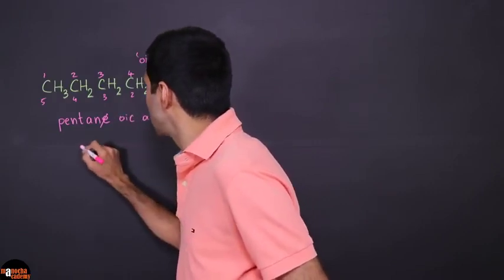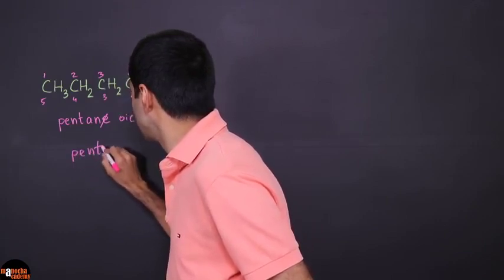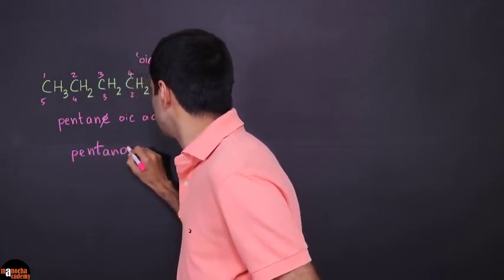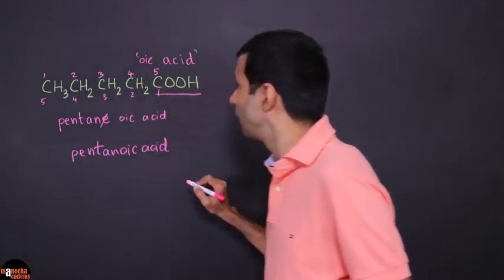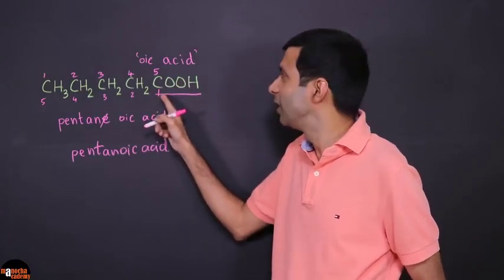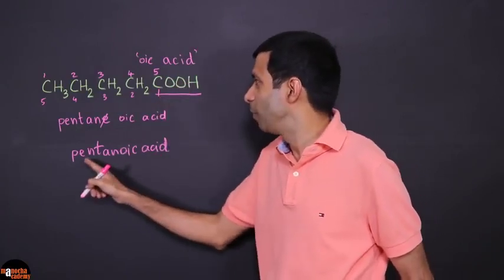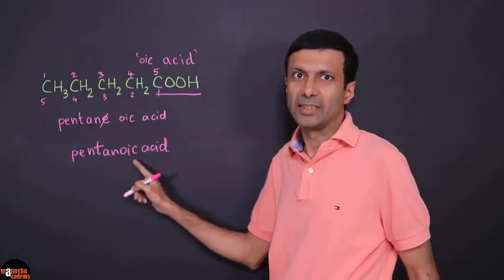So what is the name of this compound? It's going to be pentanoic acid. And we don't have to give the position of this functional group because it's at position 1. So it's pentan-1-oic acid or simply pentanoic acid.